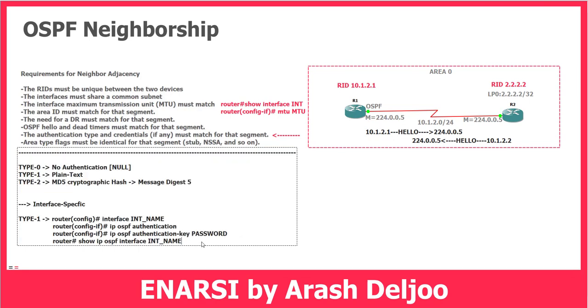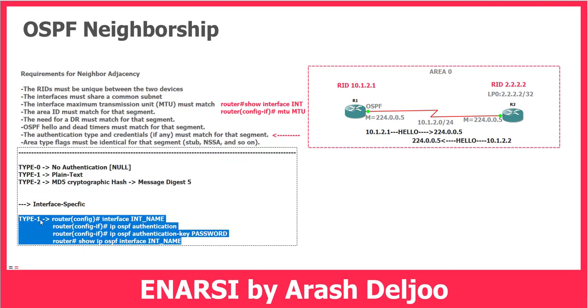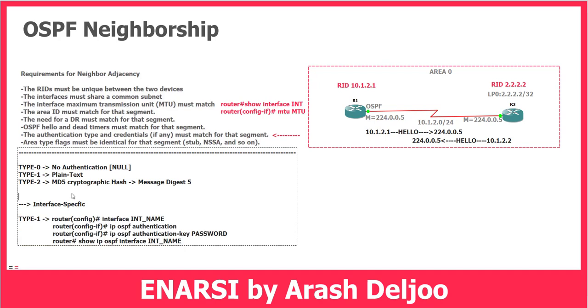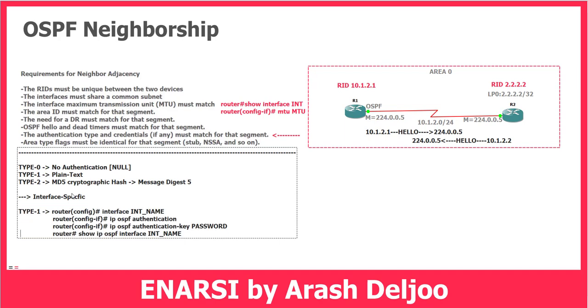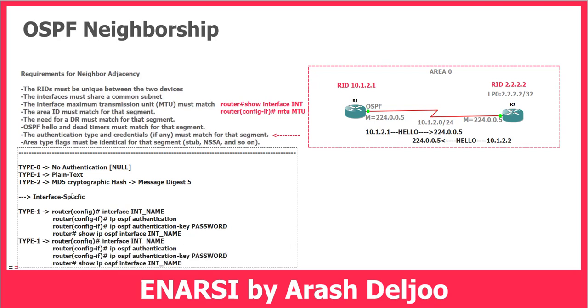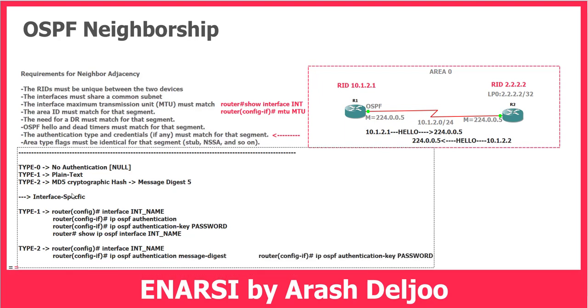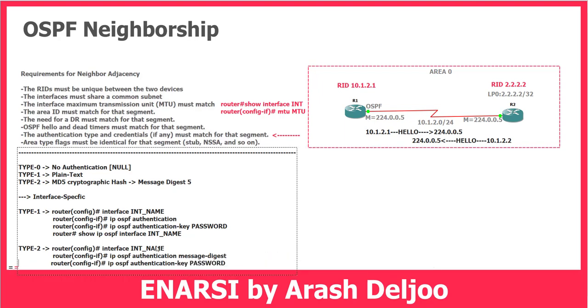How can we configure the next type, type 2 of the authentication? Let me show you. In type 2, again, we should configure first the type of authentication, after that the key. Here we have type 2: IP OSPF authentication, then you should configure message-digest, meaning I am using the message digest type of authentication, or cryptographic hash.